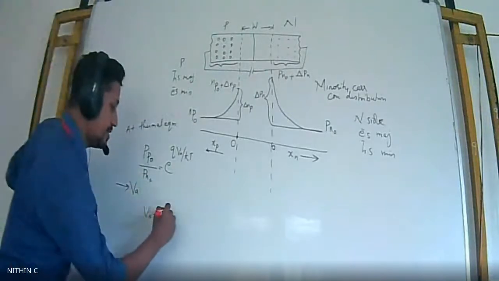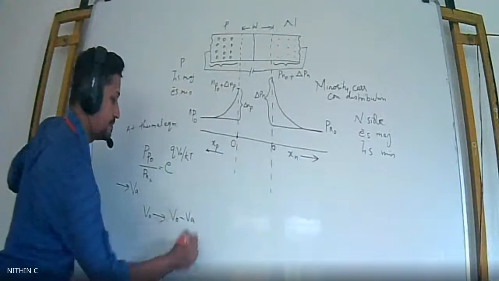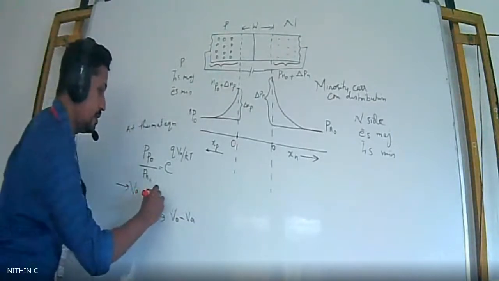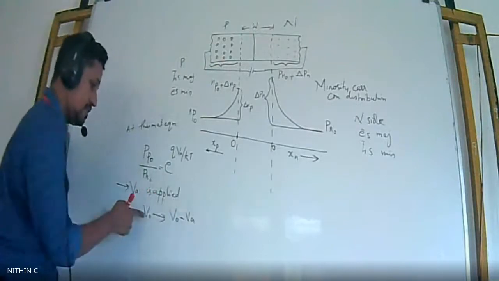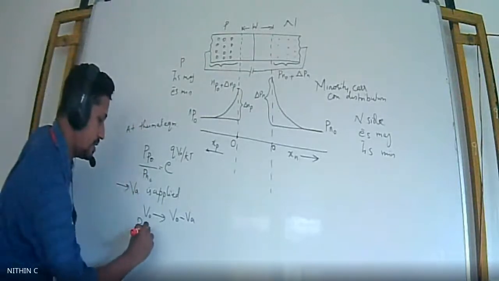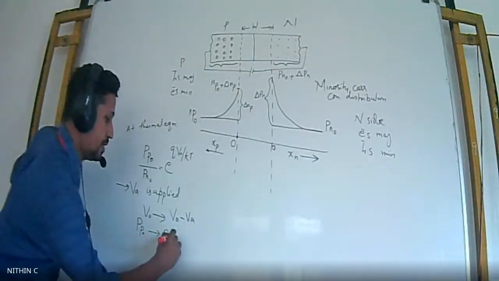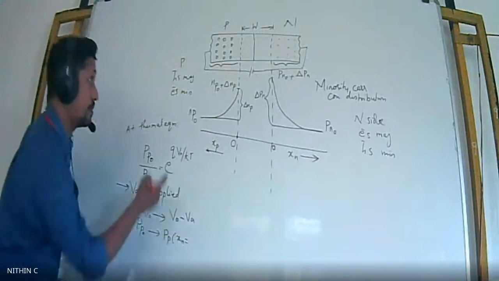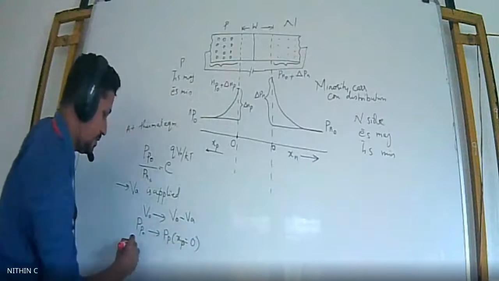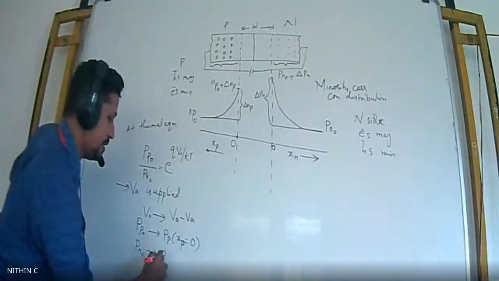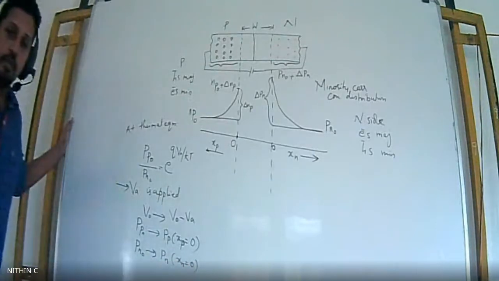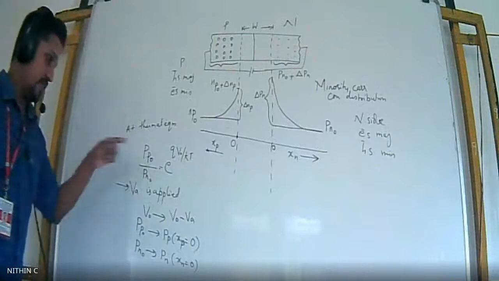That is, V0 will change to V0 minus VA. Clear? And Pp naught will change to Pp at xp equals 0, and Pn naught will change to Pn at xn equals 0. This is how these parameters will change in this expression.